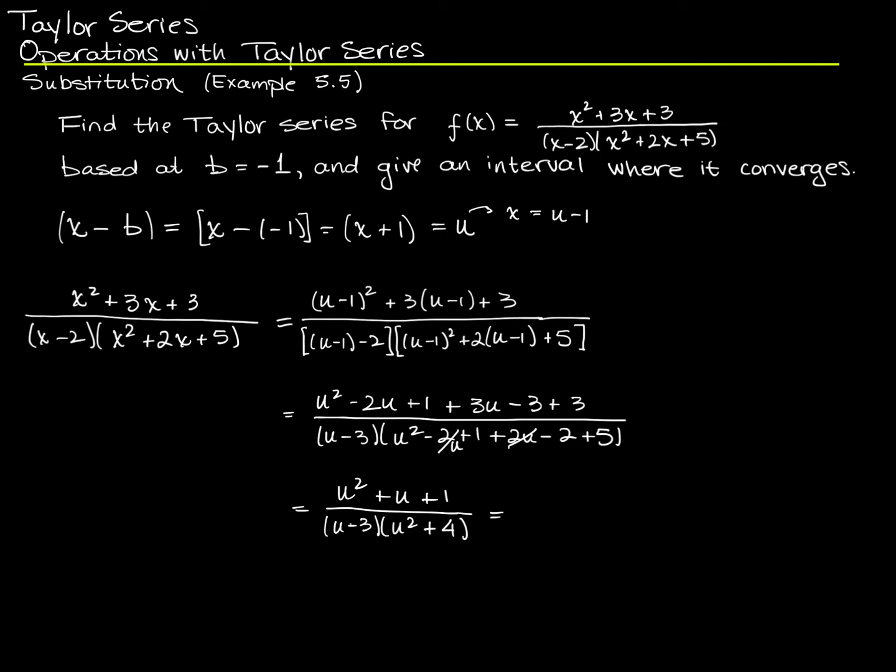And so I can write this as A over u minus 3 plus Bu plus C over u squared plus 4. And of course, this also needs to be a u, just because that's the variable I'm working with here. And then I need to use partial fractions to figure out what A, B, and C are.